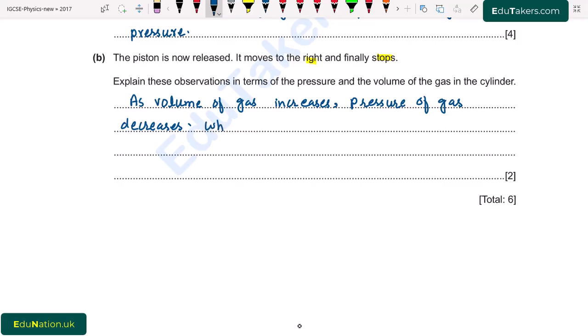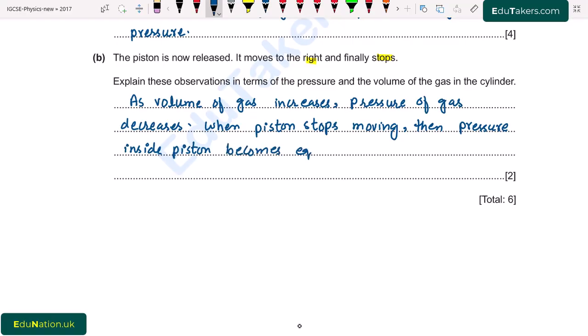So I write here, when piston stops moving, then pressure inside piston become equal to the pressure outside the piston.